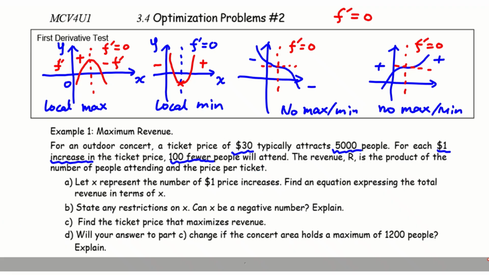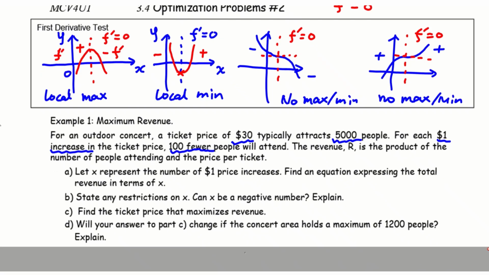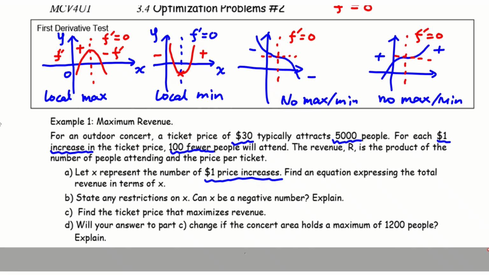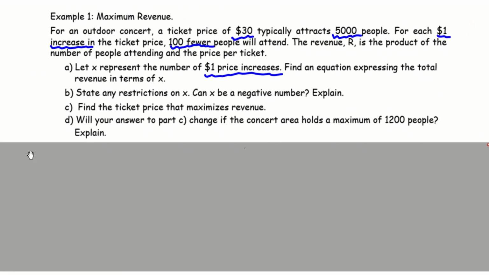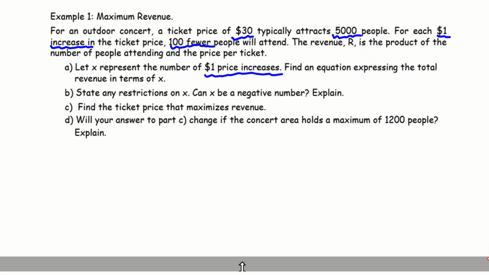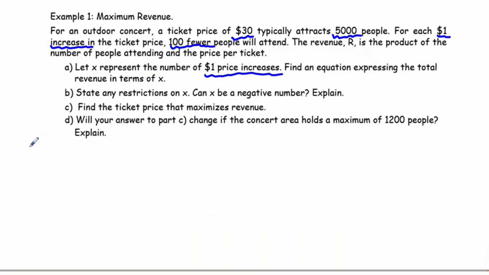So we introduce a variable: let x represent the number of $1 increases, and find the equation expressing the total revenue in terms of x. For such a question, I want you to draw a chart, but you don't have to, okay?